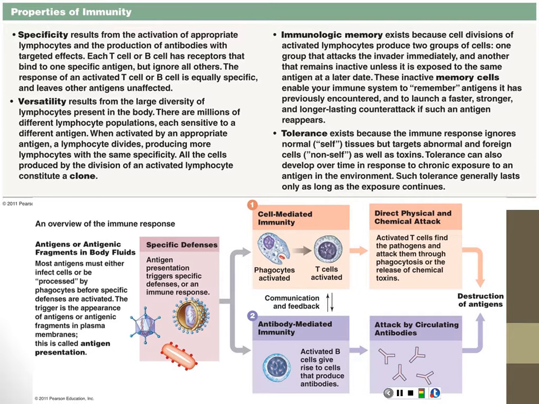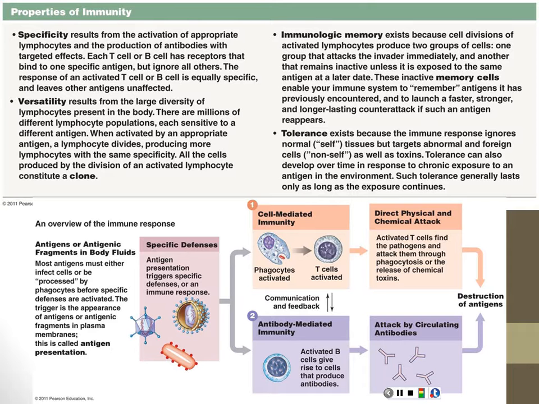What we see here in our overview is these pathogens end up being processed, in other words, smashed into little pieces, by the phagocytes. The phagocytes pull those antigens out, teach the immune system about those antigens, and then we get an antibody response and a cell-mediated response.